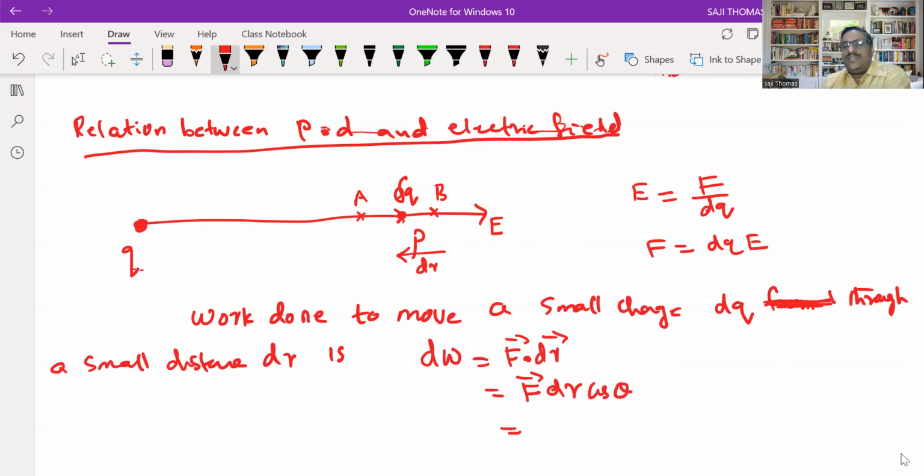Here we move the charge opposite to the electric field direction, so cos 180 will come. And you know cos 180 is -1. So F dr. Now you can write the equation for F: dq into E into dr.